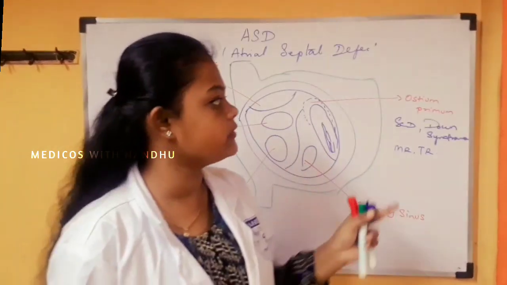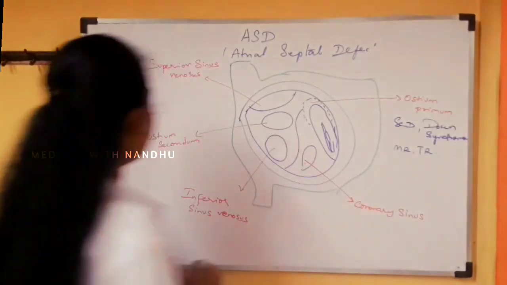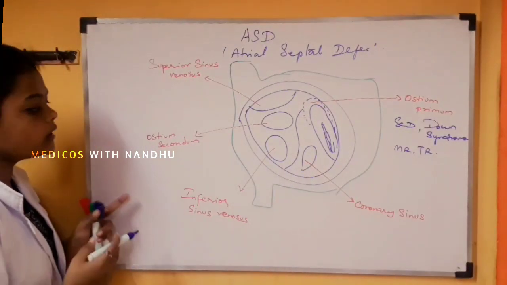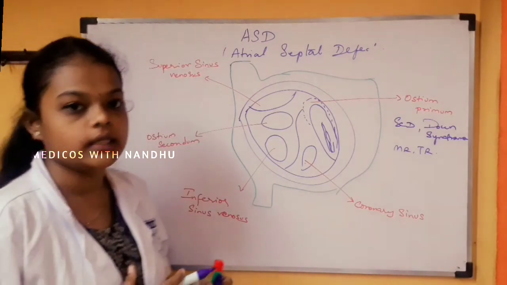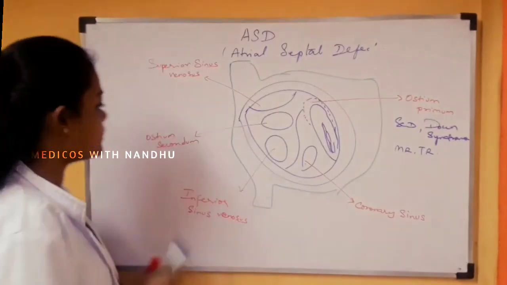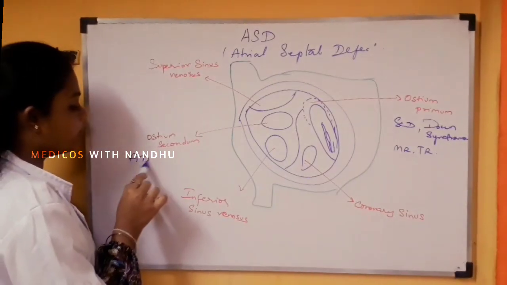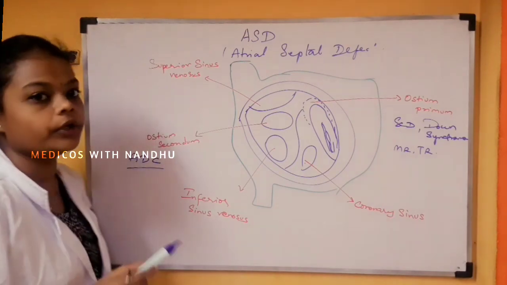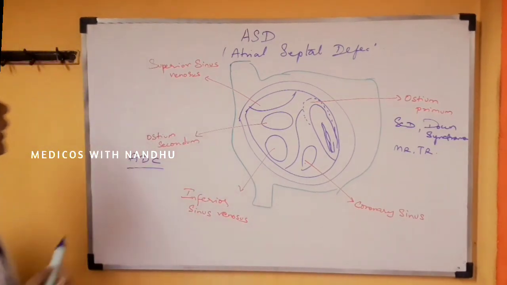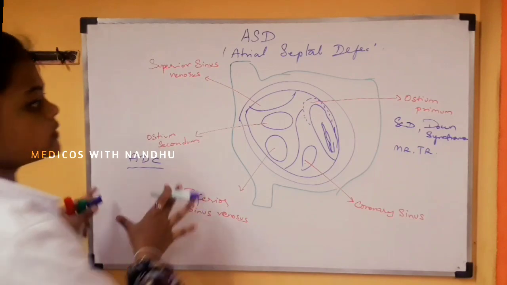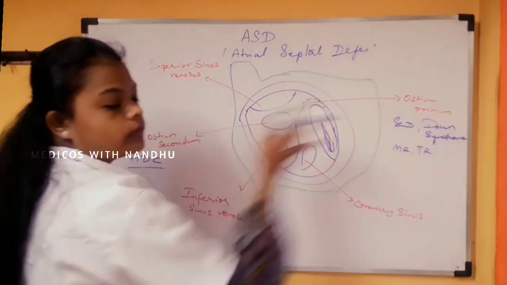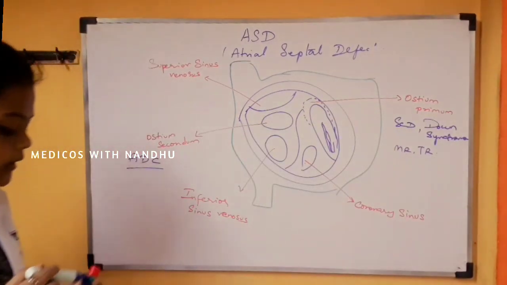Any one of these defects is associated. And ostium secundum is also a type of ASD and it is transmitted as an autosomal dominant condition. So this was the peculiarity of ostium primum and ostium secundum.